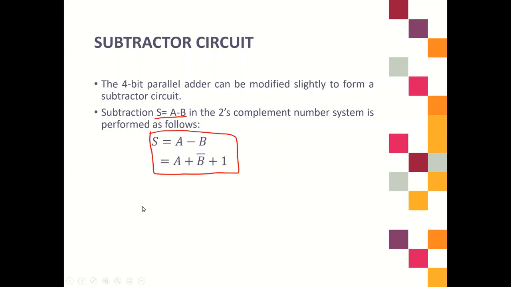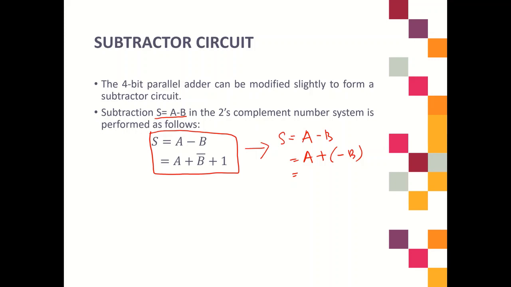So how do you get this process? If you remember in the two's complement arithmetic that you learned in the previous lecture, subtraction is actually A plus negative B. So how do you get the value of negative B?